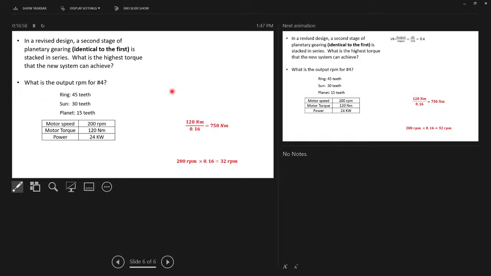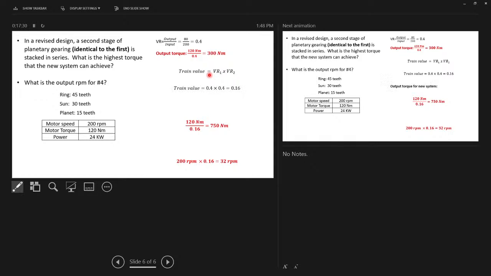And also, when you're looking at these stacked gears, the train value, or the value for the entire system, is the product of the velocity ratios. So the velocity ratio for the first system is, again, 0.4, and that gives us an output torque of 300 Newton meters. So when we look at this entire system, or you can call it its own gear train, the velocity ratio of the first stage times the velocity ratio of the second stage equals the train value.